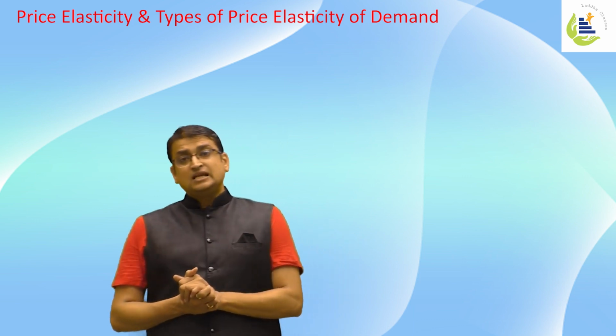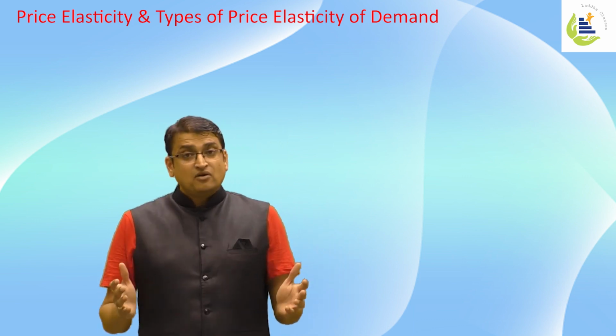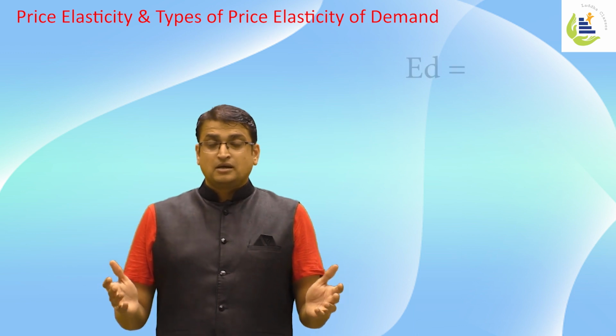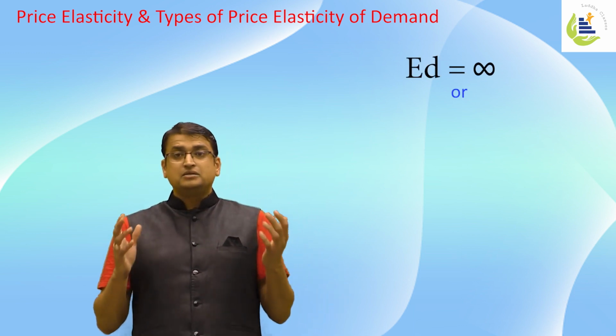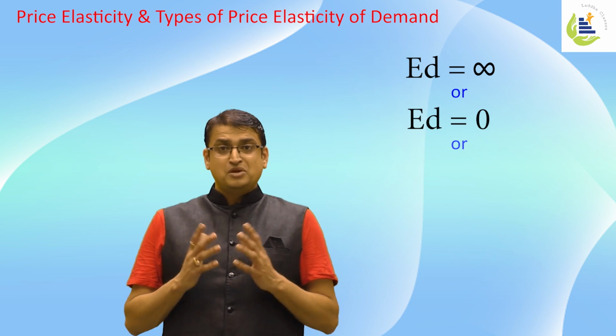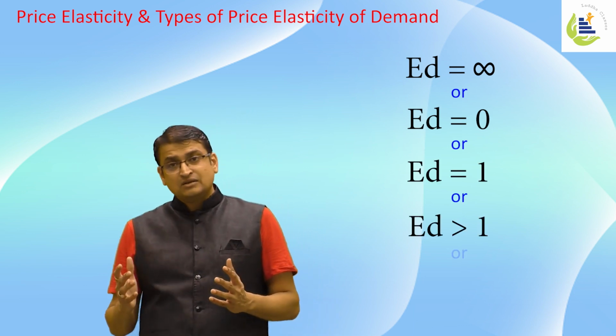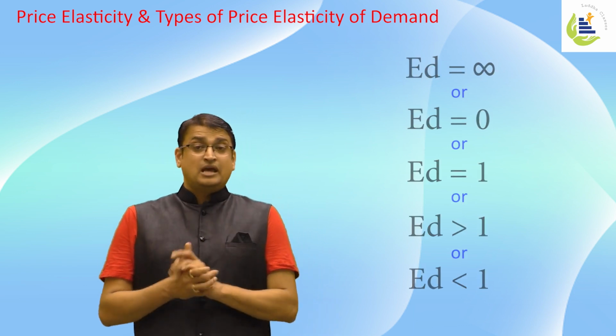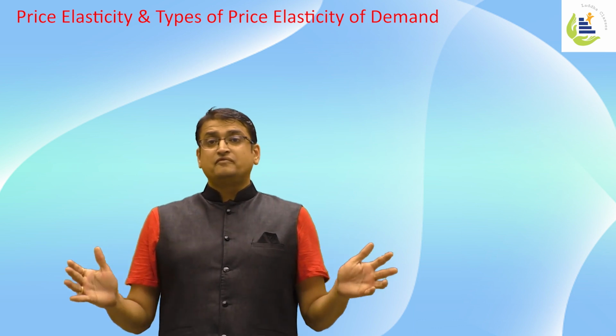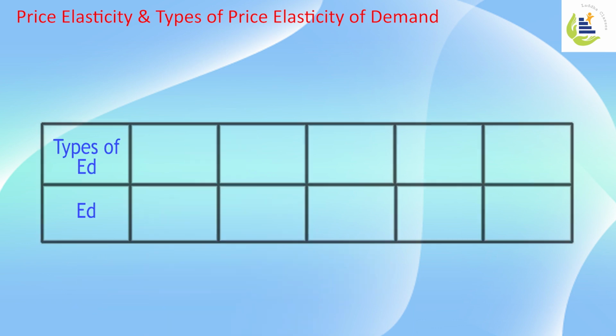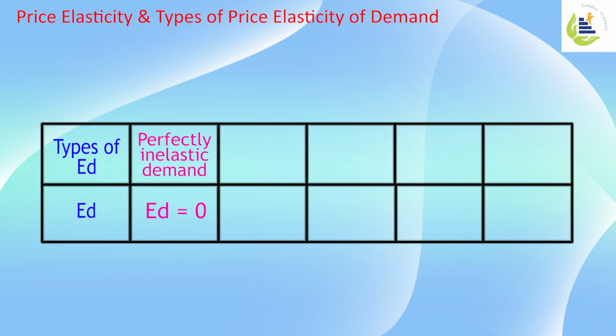Well, price elasticity of demand can be of 5 types. It can be infinite, it can be 0, it can be unit, it can be less than 1, it can be greater than 1. And that's where it gets into different types. When price elasticity of demand is 0, we call it perfectly inelastic demand. When it is between 0 and 1, we call it relatively inelastic demand.